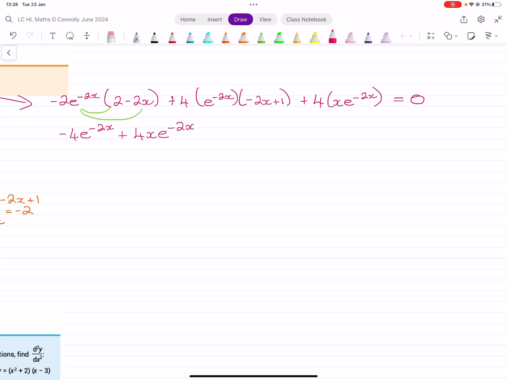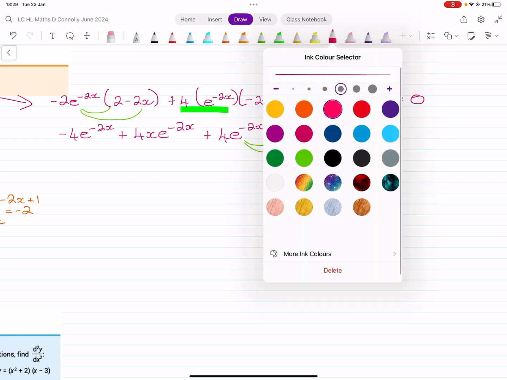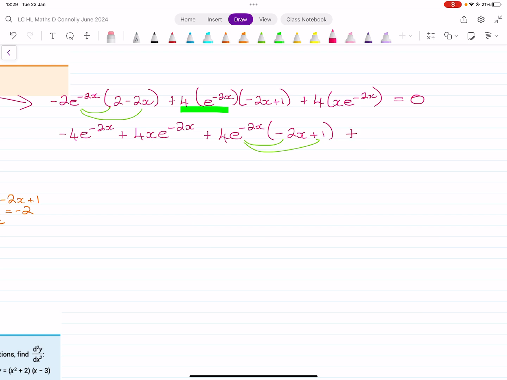Okay, the next one, I'm just going to do this first. So that's just 4e to the minus 2x times minus 2x plus 1, and I'll distribute that in a minute. And then the last one is 4x e to the minus 2x, and that should equal 0.